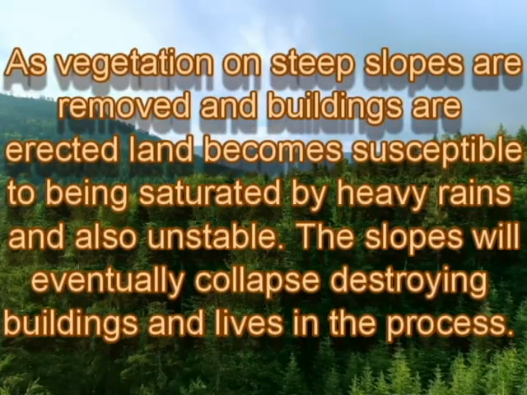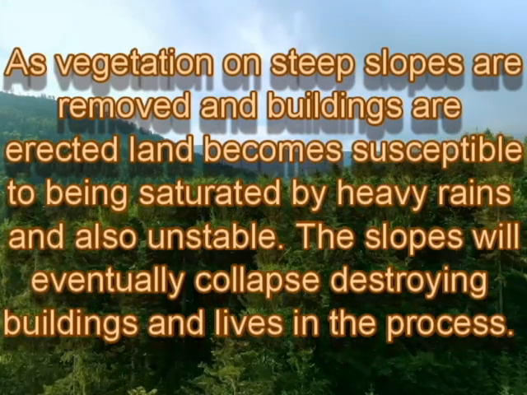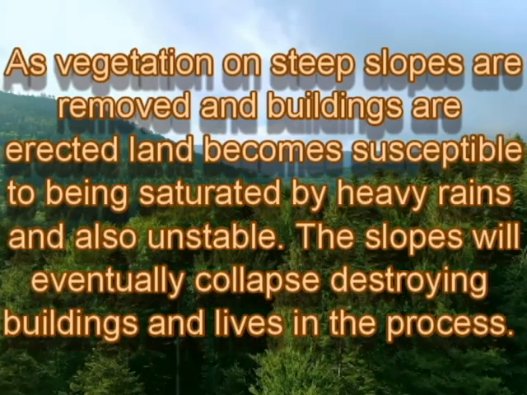So now that we have finished looking at the various physical, or natural, ways by which landslides occur, let us look at the ways human activities can lead to landslides. Humans can remove the vegetation from steep slopes in order to make way for the erection of buildings or settlement.